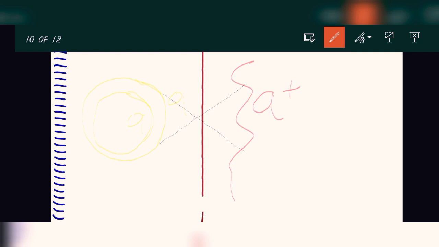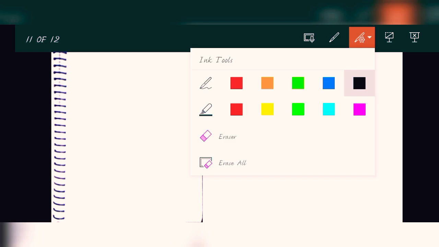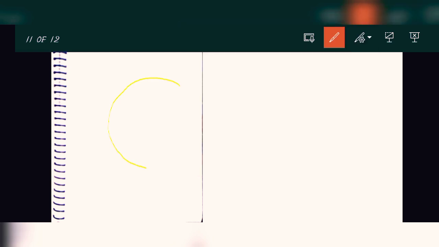So see what will happen. Only the outer part has been changed. The inner part is still A only, but this particular part has been changed. I'll tell you how it changed.